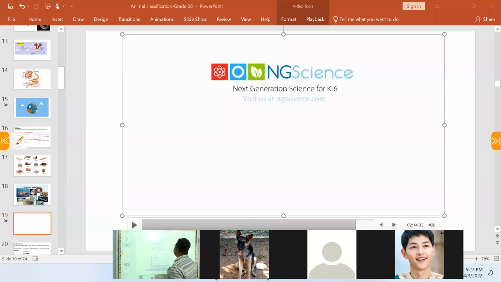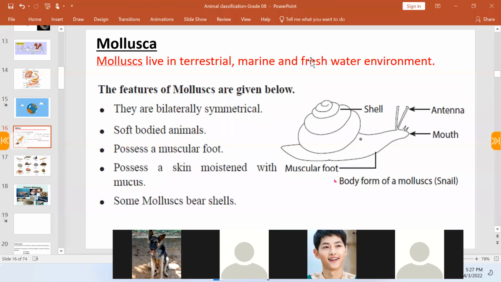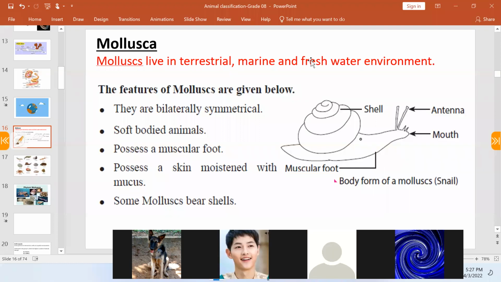So do we have to draw the parts of annelid? Then done. Now we are learning mollusk, no? So can you write this description about mollusk? Sir, do we have to keep a page to paste the annelida? Yes. You have to leave one page to paste annelida.